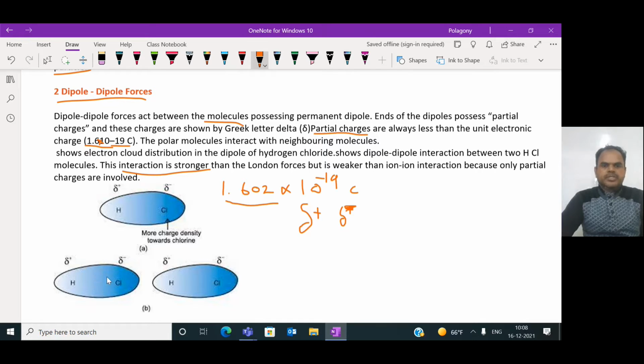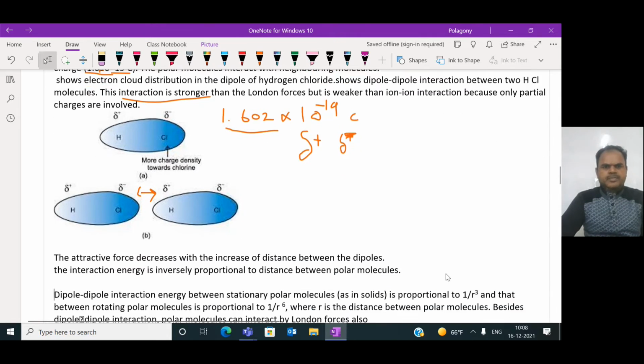Such molecules come closer at the critical distance. Between these molecules, negative attracts the positive and positive attracts the negative, so attractive forces will form, and those attractive forces are said to be dipole forces.